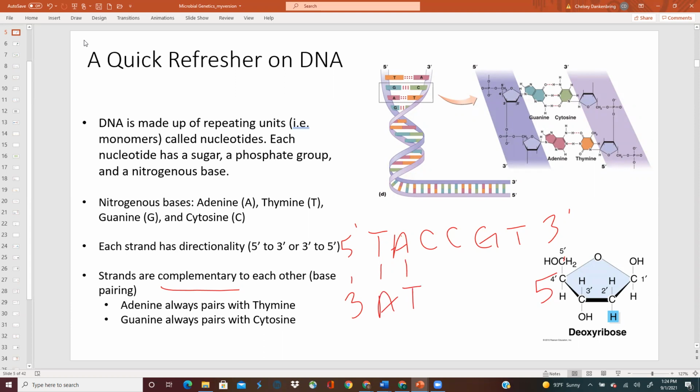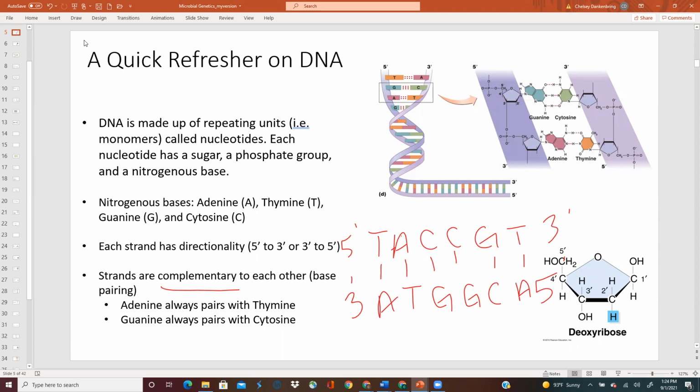So again, looking at the third nucleotide in the top strand is cytosine, and we know that cytosine is always going to pair with guanine. So again, cytosine will pair with guanine. Guanine will pair with cytosine. And then our thymine will pair with adenine. Okay, so your second strand is 3' to 5', ATGGCA. Okay, so this is how you can apply your understanding of the general features of DNA.